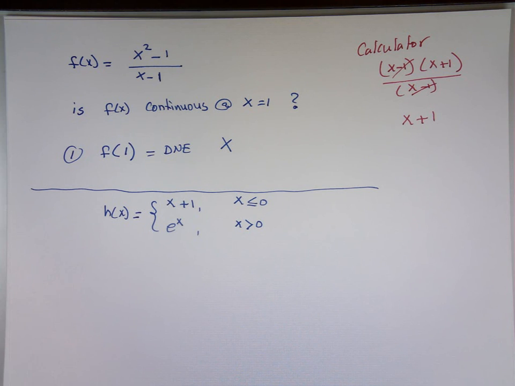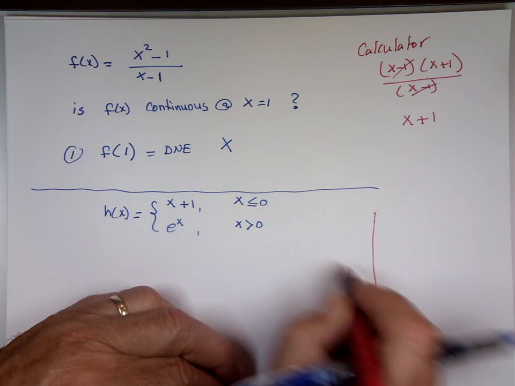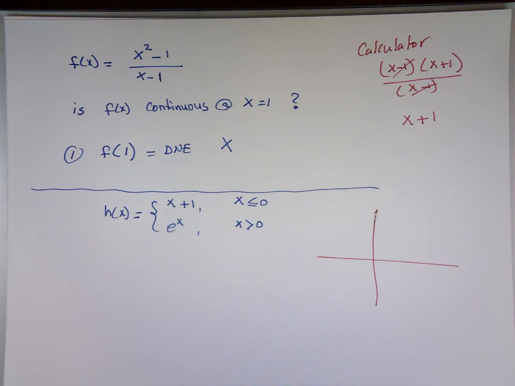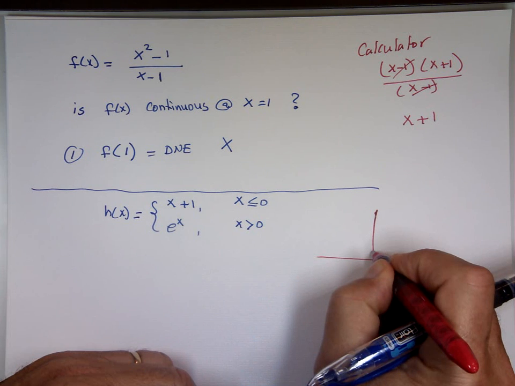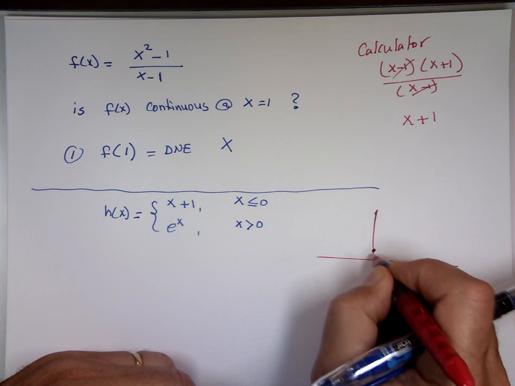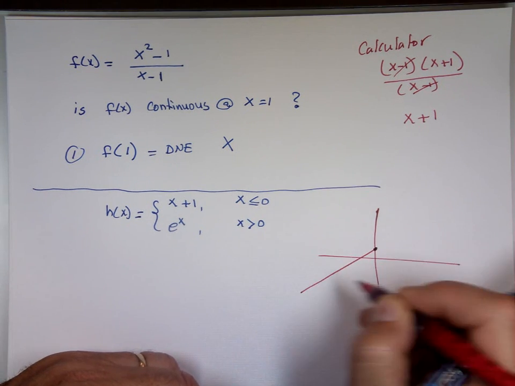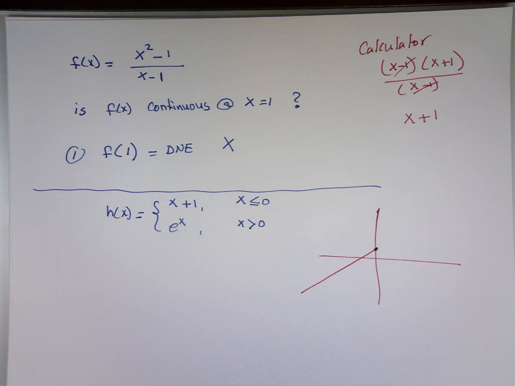Because I think, but I'm not sure yet, we'll look at it, x plus 1, it's rising, has a y-intercept of 1. It looks like this. And what does e to the x look like? I think it looks like this.